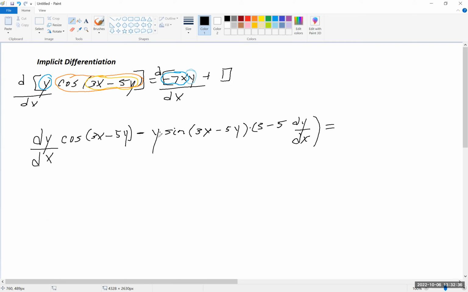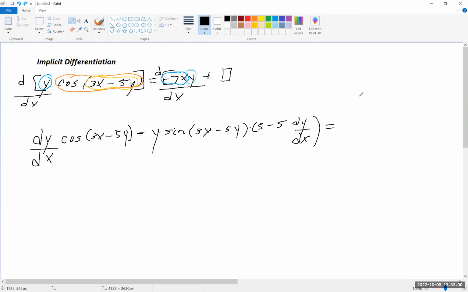Later, there's going to be a need to do some distributive property with that 3 there, and with this piece. So it's going to get a little challenging, but I think we're still on the right path.